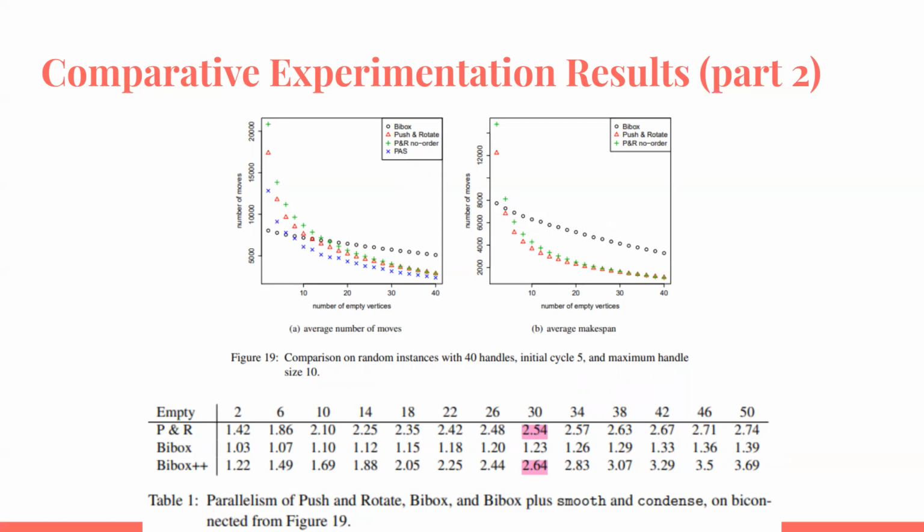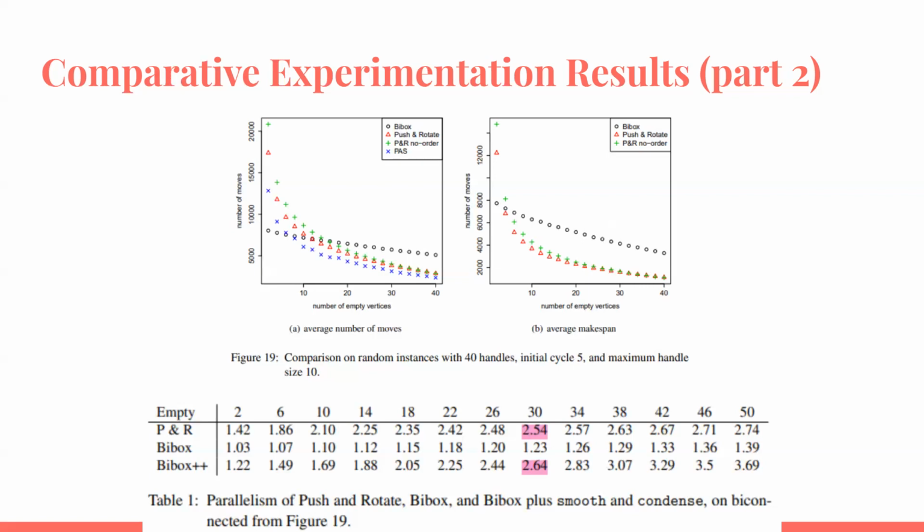I didn't find it necessary in understanding PNR, but try to think of it like flower petals. Once we have gone through all of the vertexes on the flower petal, we're able to actually disregard that flower petal. That's the best way that I can think to describe it at this time. But we give them 40 handles with an initial size of 5 and a maximum handle size of 10.